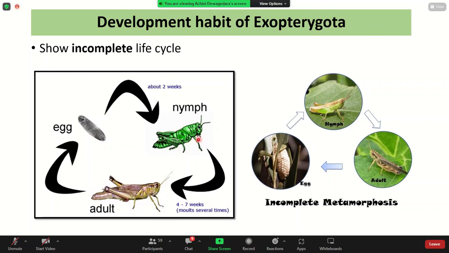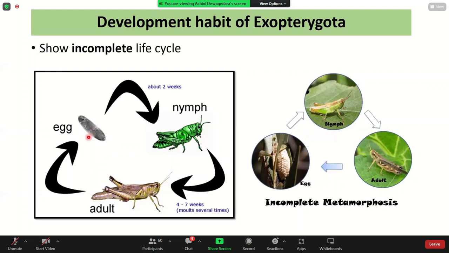This nymph is quite similar to the adult in body shape and structure. But the nymph is not as well developed as the adult. It is a primitive stage. When this nymph develops with time, the adult will develop.